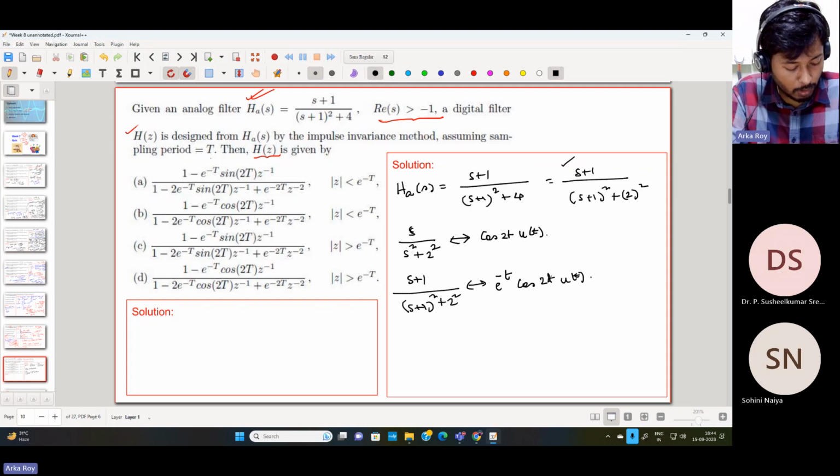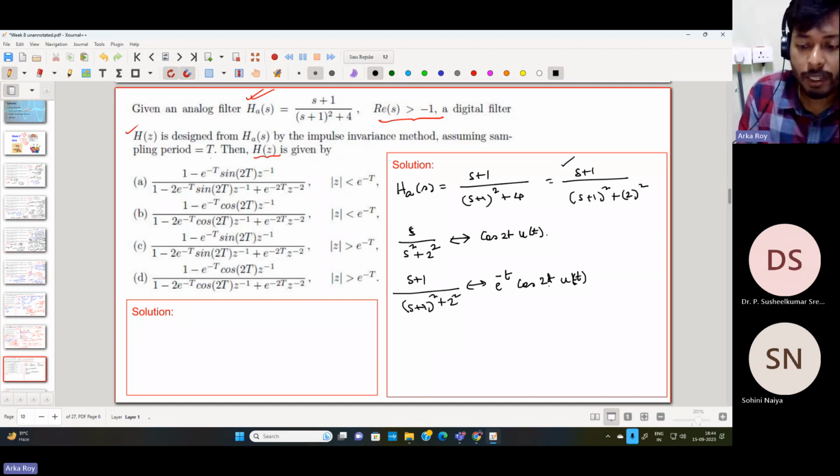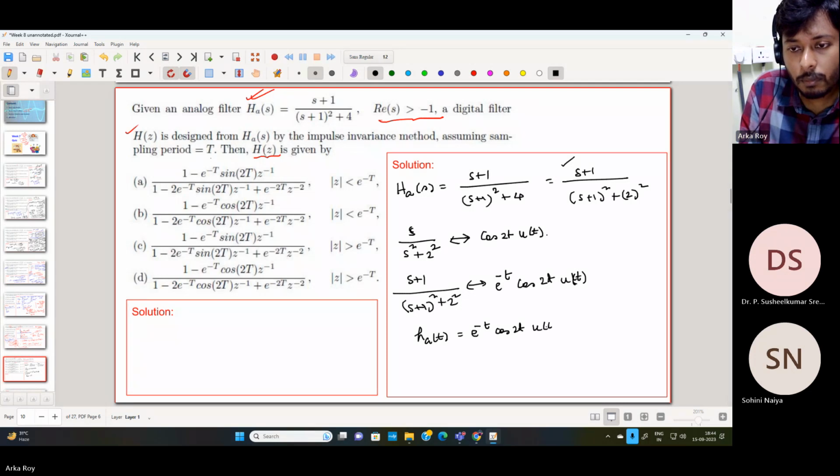Okay, so this is the difference. So I can say that h(t) equals e to the power minus t cos 2t u(t).